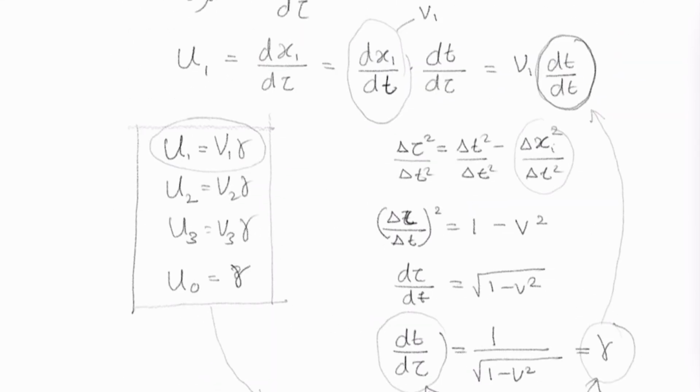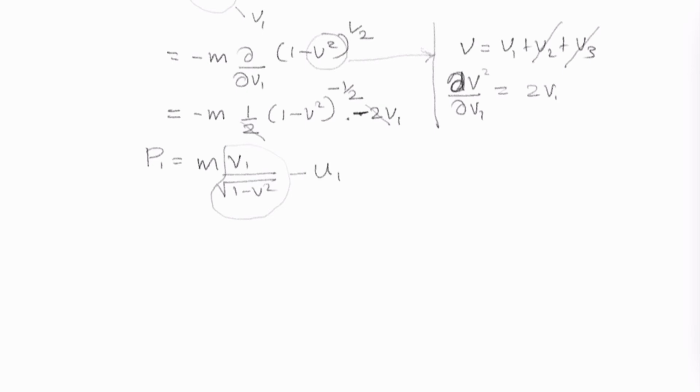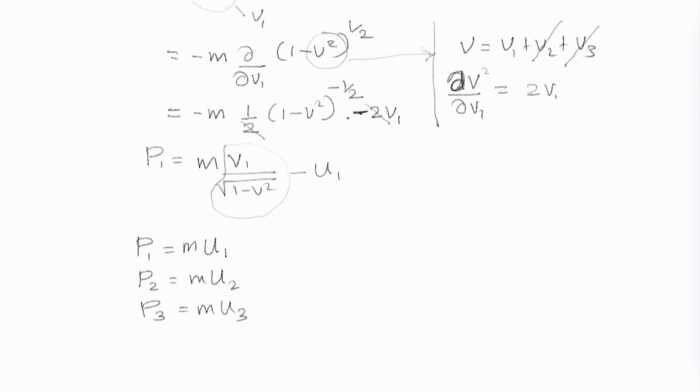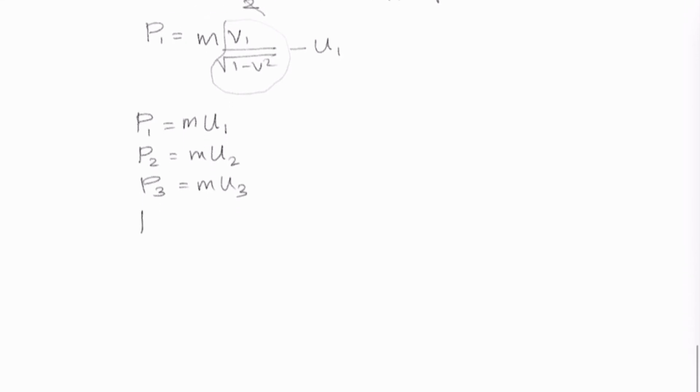This is u_1. So p_1 is m times u_1. p_2 is m u_2. p_3 is m u_3. What is p naught? Is there a p naught that is m u naught? Is there any significance of this? Let's check it out.